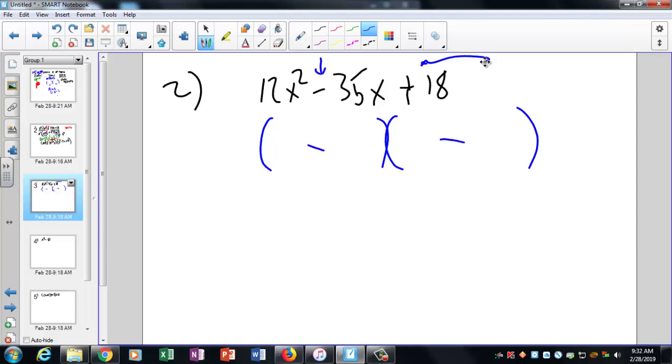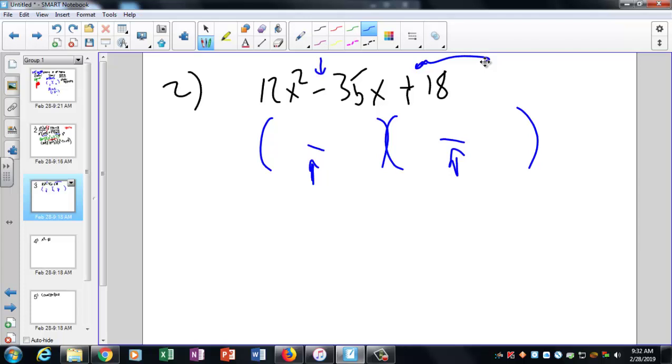So in this case, they're both negative. Let me say that again. We look at that last sign. If that last sign is a positive number, then I know that these two signs in the middle have to be the same. And then they have to be whatever that middle term was. Because you got to get negative 35 when you're done. Does that make sense?